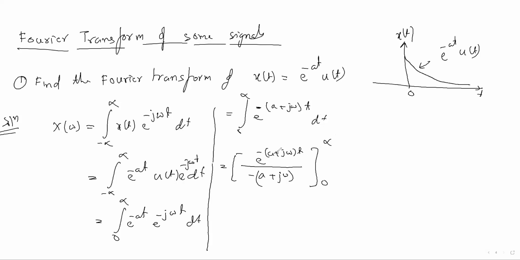When you put infinity, e to the power minus infinity means 0. But e to the power 0 means 1. So the minus cancels, and you get 1 over a plus j omega. So what we have got is that the Fourier transform of e to the power minus at u(t) is 1 by a plus j omega.